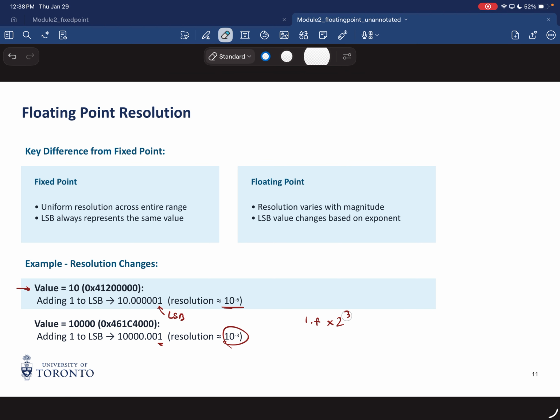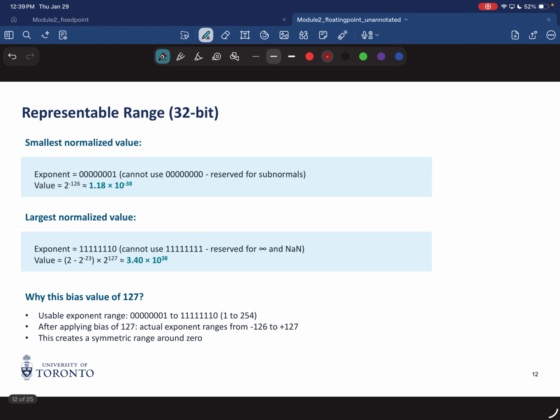As you're shifting this, the resolution, obviously, is going to be different. I know I'm going too fast here because these are just some rules at the beginning.